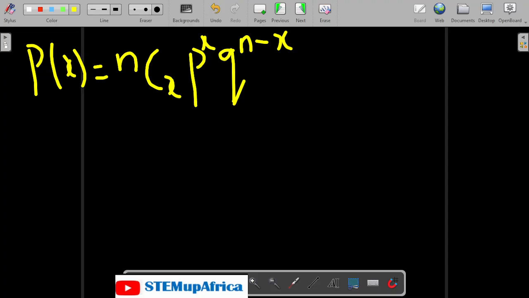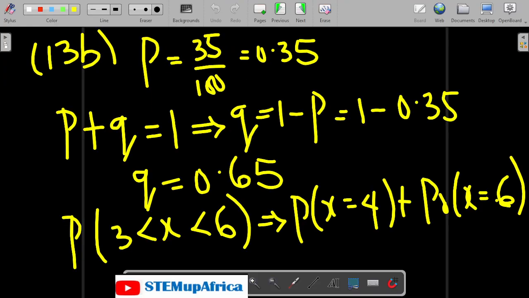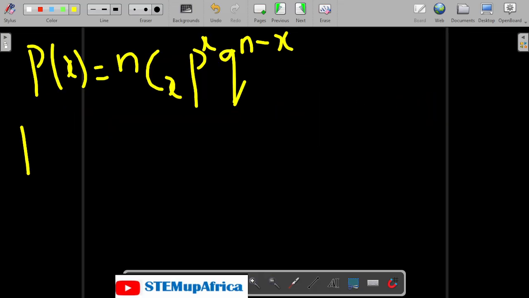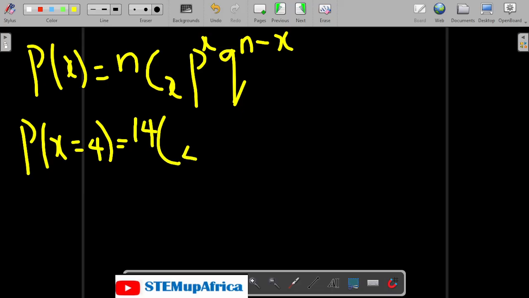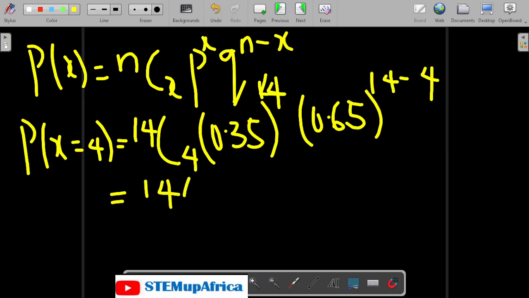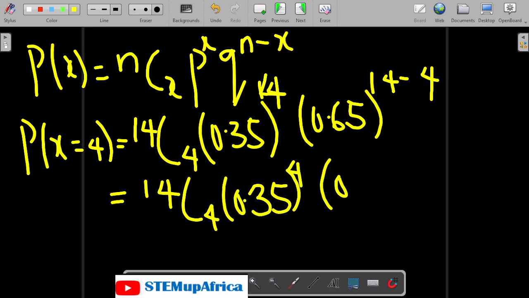So for x equals the first value there, which is 4, and the total number of items involved is 14, I'm going to have prob x equals 4. That will give me 14 combination 4, success 0.35 raised to power 4, then failure 0.65 raised to power 14 minus 4, which is 10.